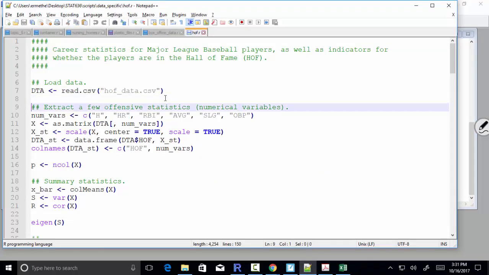To illustrate our new toy, I'm going to pull out just 6 numeric variables. H is for hits. How many total base hits did you get over the course of your career? HR is home runs. RBIs is runs batted in. Average, slugging percentage, on-base percentage. You don't have to know a lot about baseball.